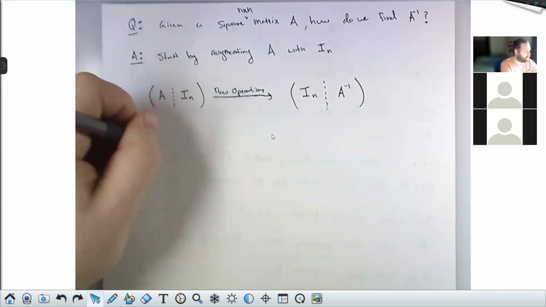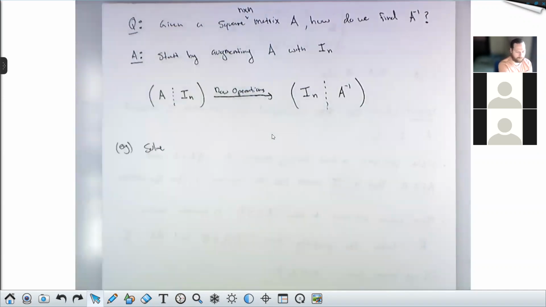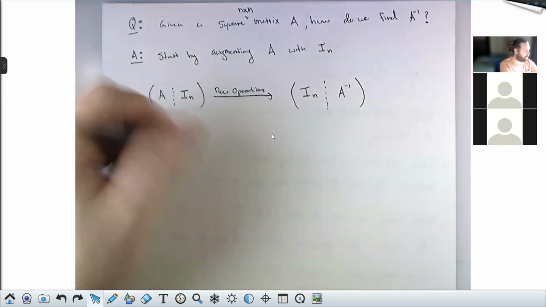So a problem like this will show up on your take-home test. Solve the system.